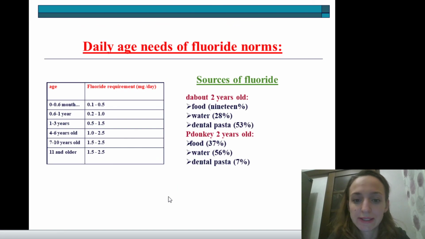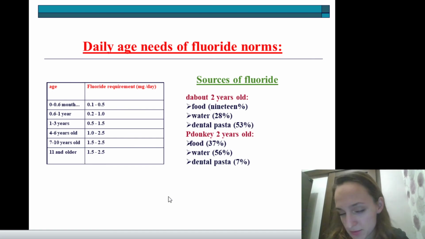Daily age needs of fluoride norms. So you can see age and fluoride requirement and sources of fluoride. So about 2 years old, it is also food, water and dental toothpaste.